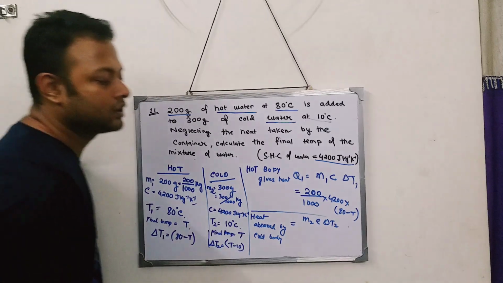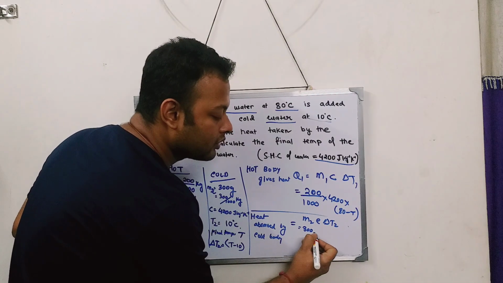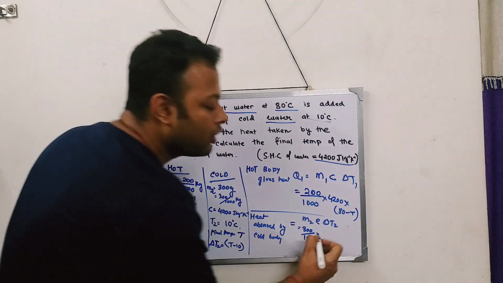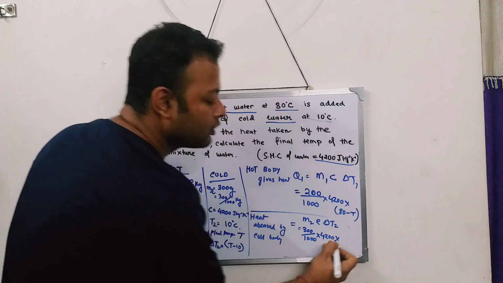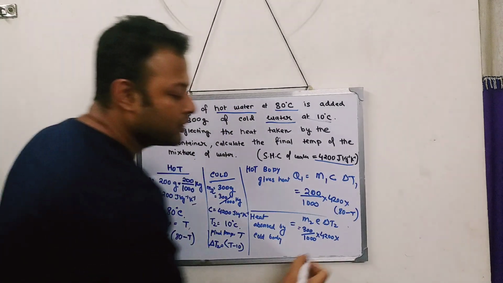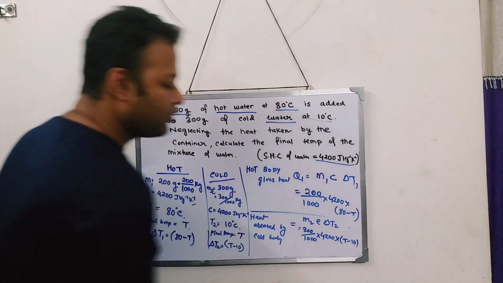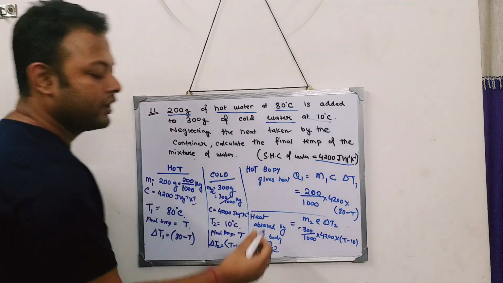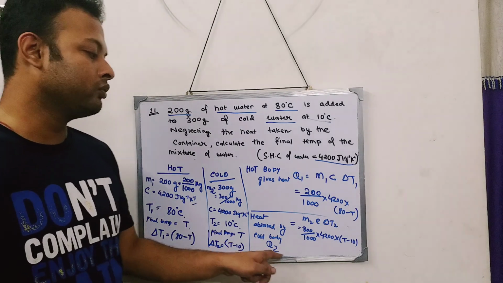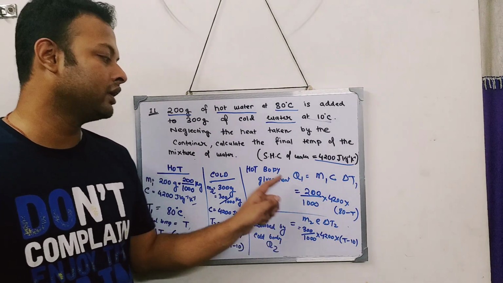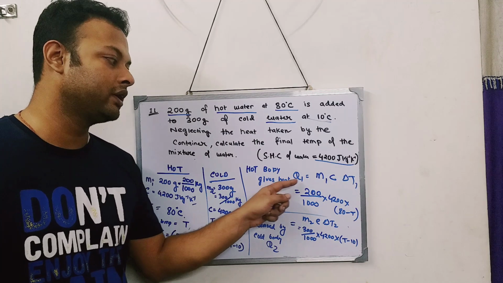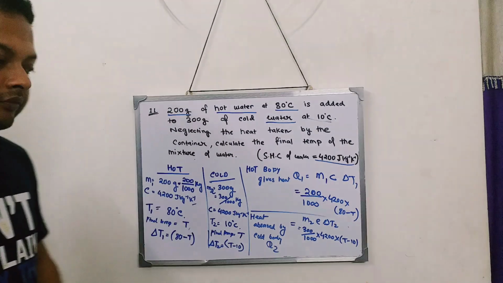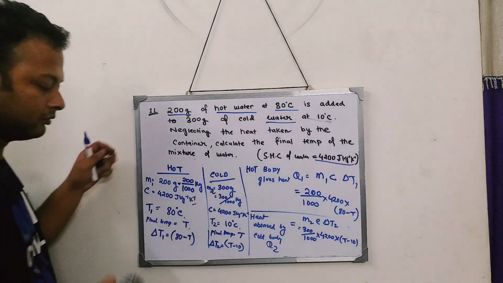M2 is 300 by 1000, C is 4200, and delta T is T minus 10. Suppose this value is taken as Q2. Heat absorbed is Q2, which is M2C delta T2, and heat given by the hot body is Q1, that is M1C delta T1.